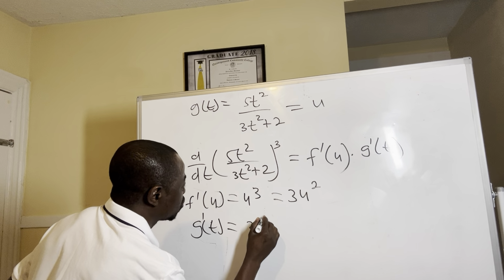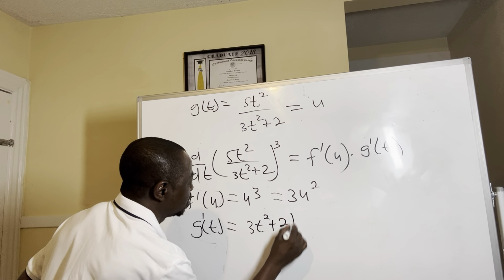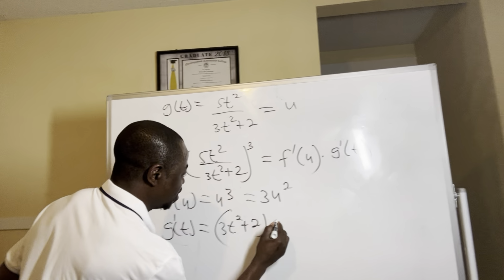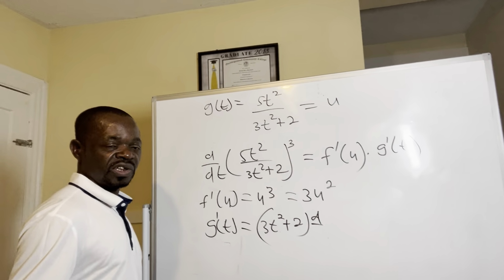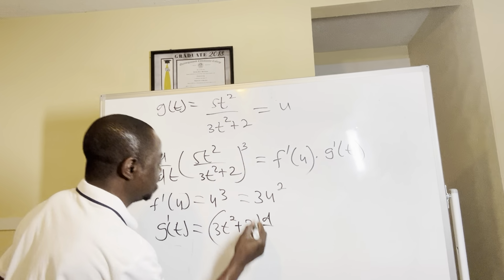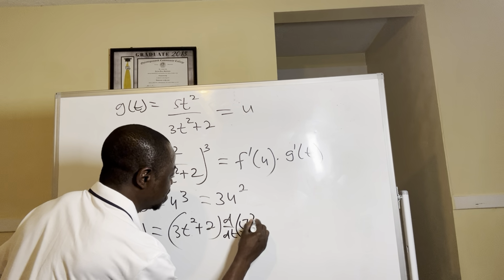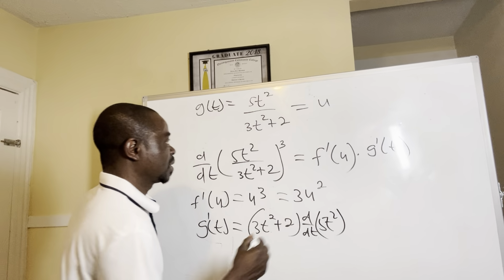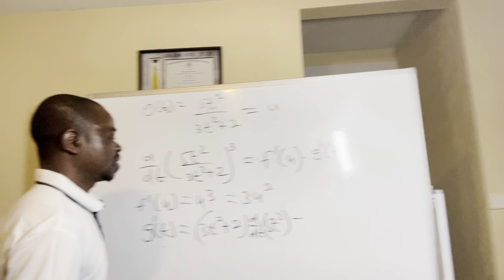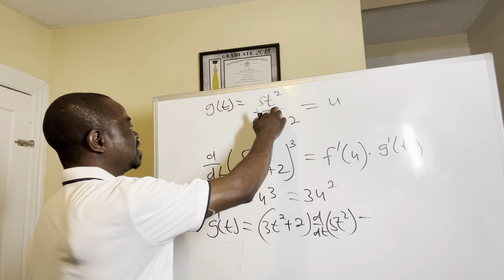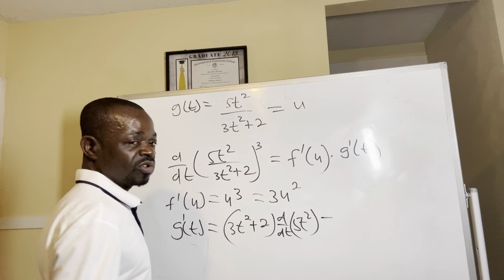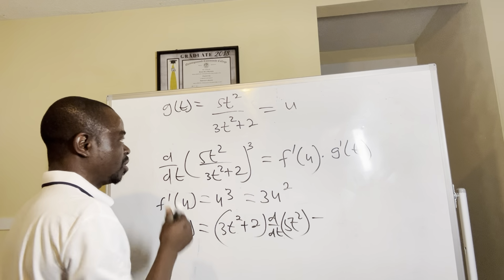So you have 3t squared plus 2. Then we take the derivative of 5t squared. So we have 5t squared, and this is minus. So you hold this guy as a constant, and you differentiate the guy at the bottom.